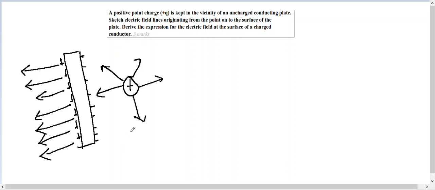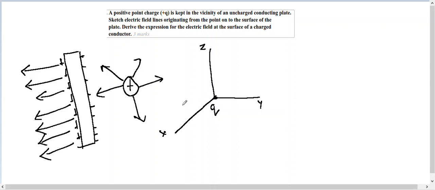Now we have to derive an expression to find the electric field due to a point charge. For that we have to consider a point charge plus Q placed at the origin O. So we are going to make axes. So let this be the X, Y and Z axis. So there is going to be a charge Q that is placed at the origin.